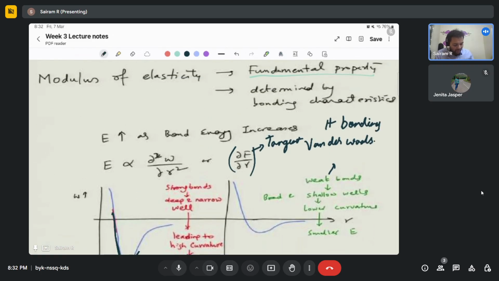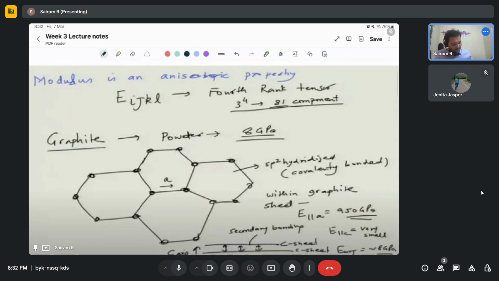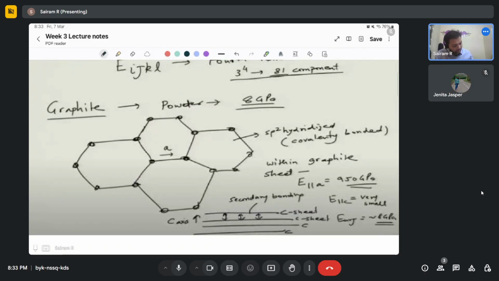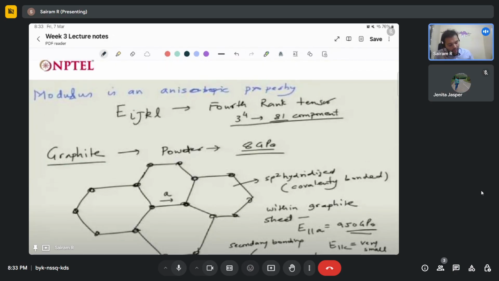One very common, very simple example that is discussed time and again is graphite. Just see here. E for graphite is 8 GPa, whereas E for diamond is around 1150 GPa.